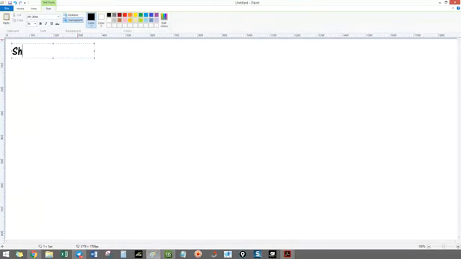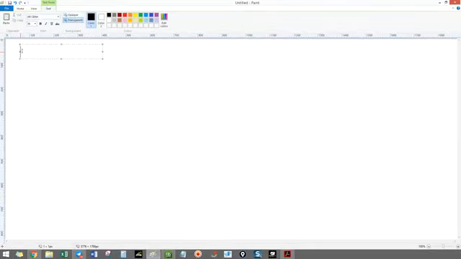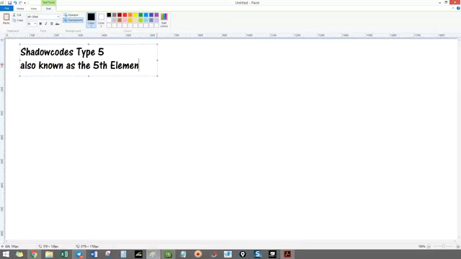Shadowcodes type 5, also known as the fifth element.